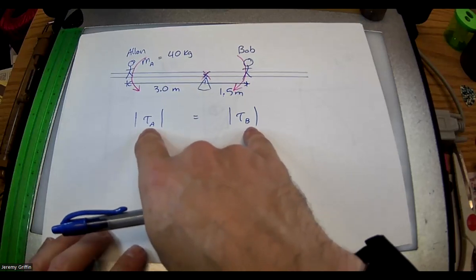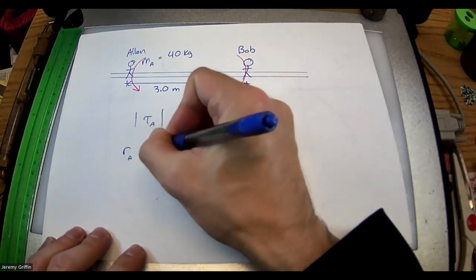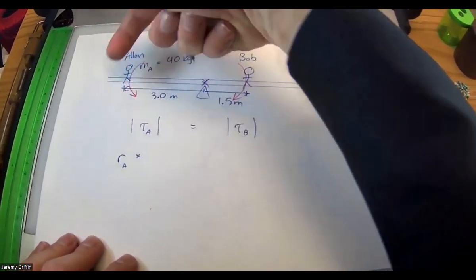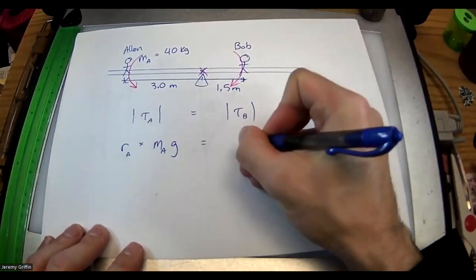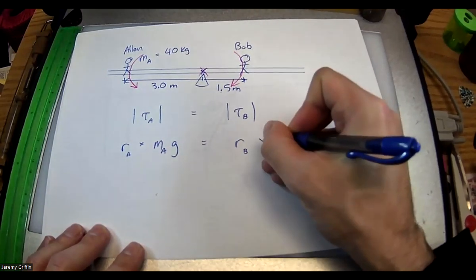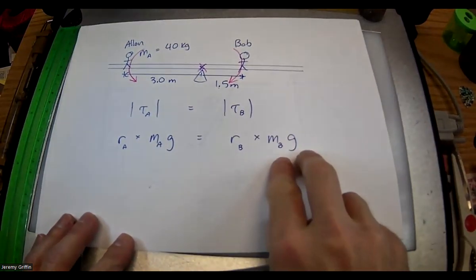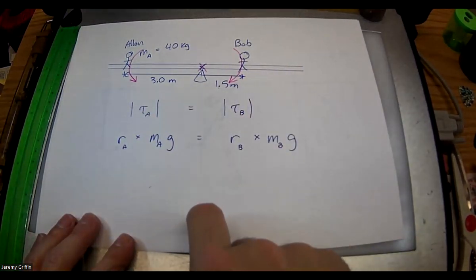And torque is R cross F. So I got radius Alan crossed with the force caused by Alan, isn't that his weight, M times G? Equals radius Bob crossed with mass of Bob times gravity field, right? Weight of Bob. Still doing absolute value.